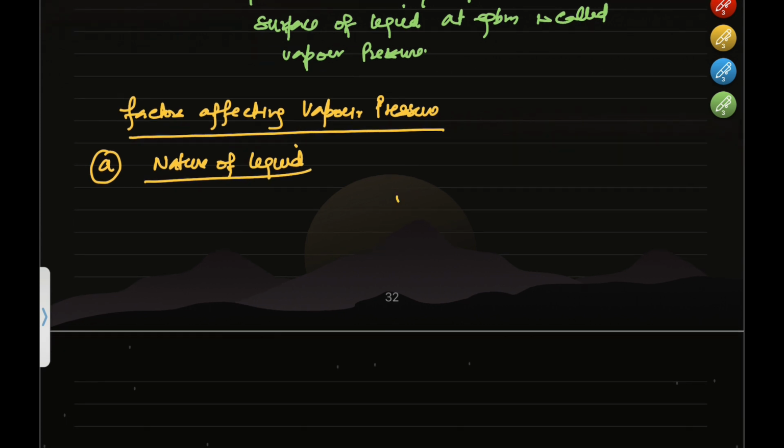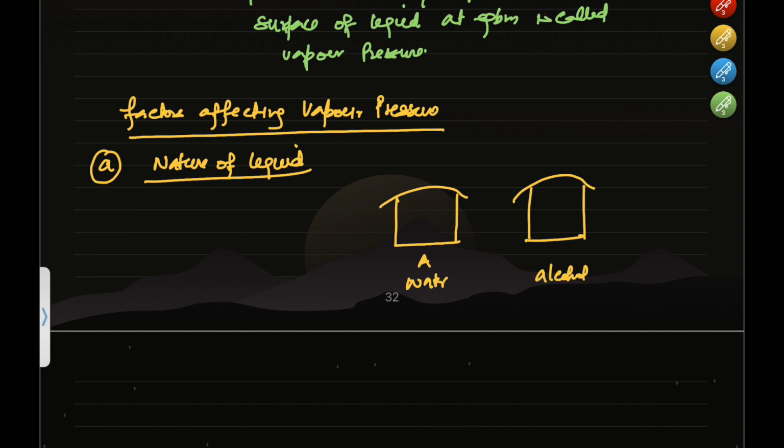Suppose container A has water, and another container B has alcohol. Which one has a higher vapor pressure? The vapor pressure of alcohol is higher than the vapor pressure of water.